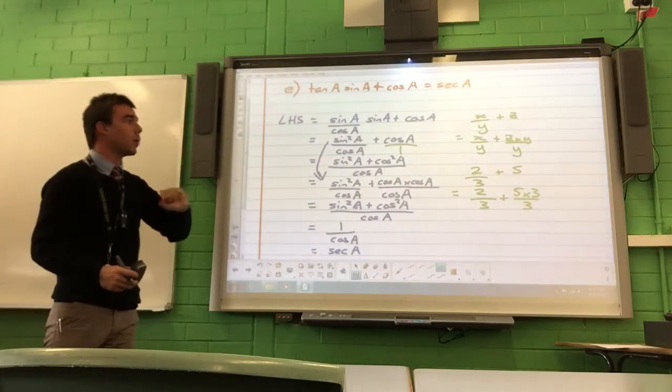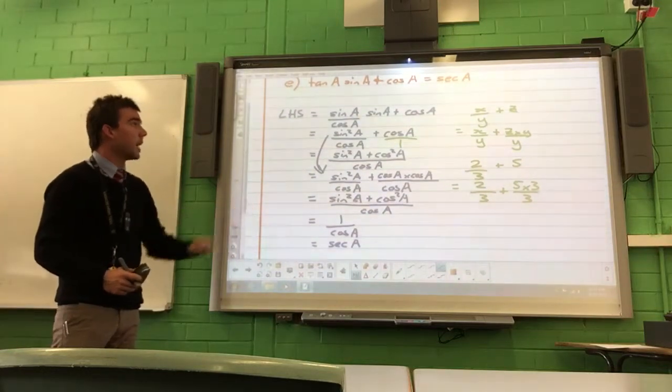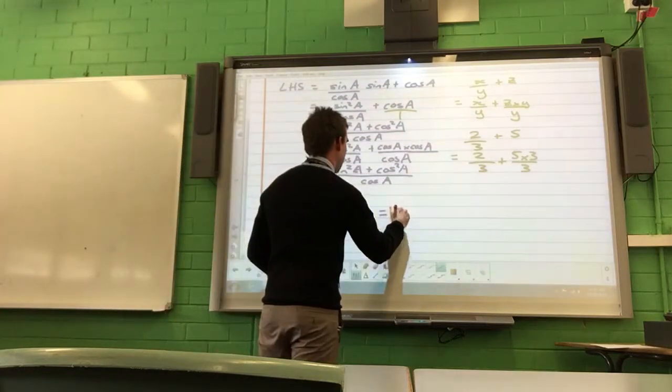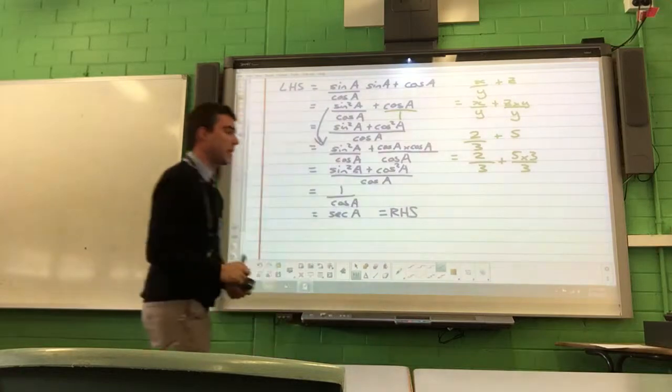Okay, so you need to start at one side and then get it to equal the other side. So after you've got it, you then need to say at the end equals right hand side.